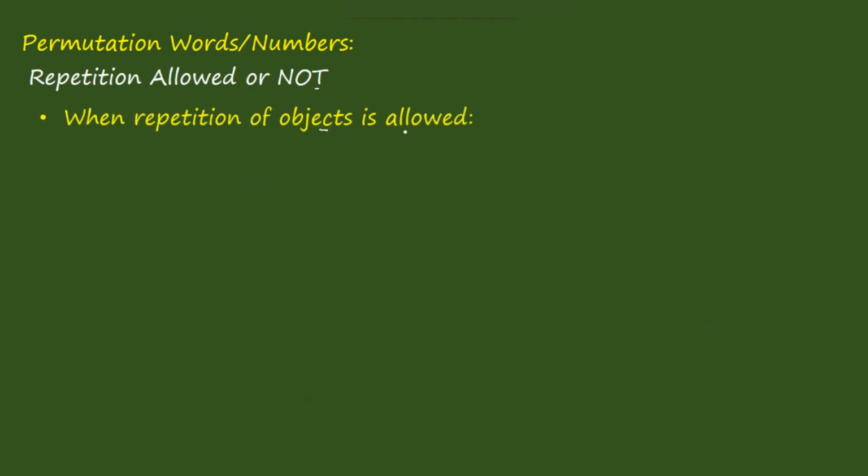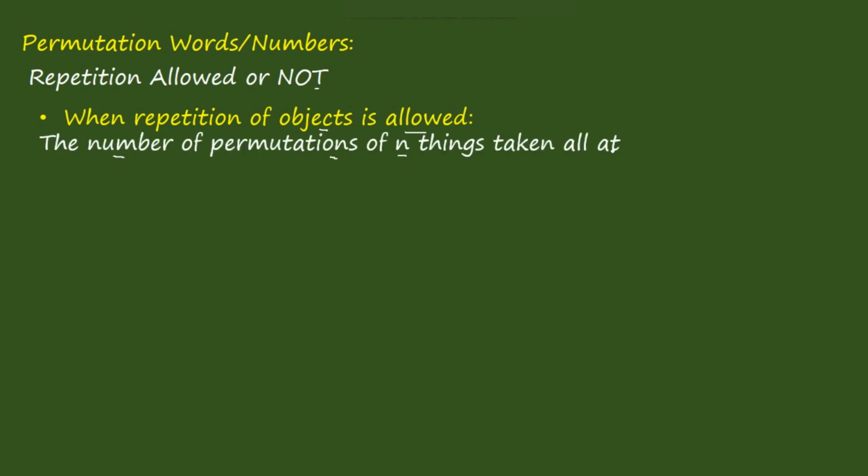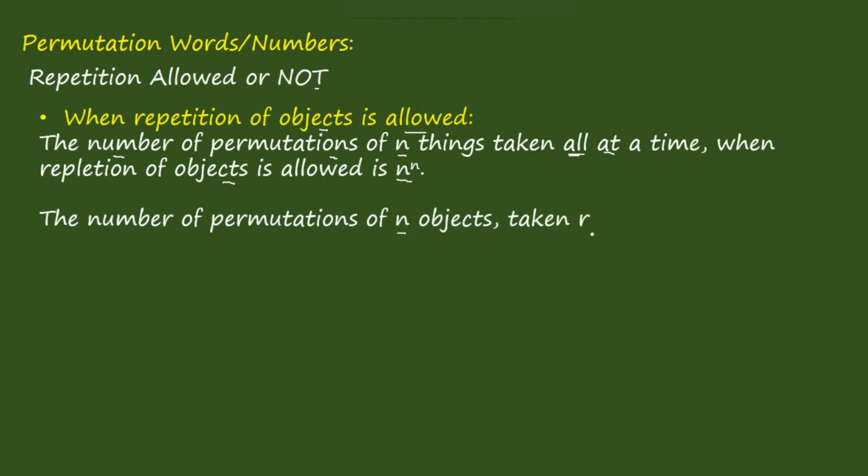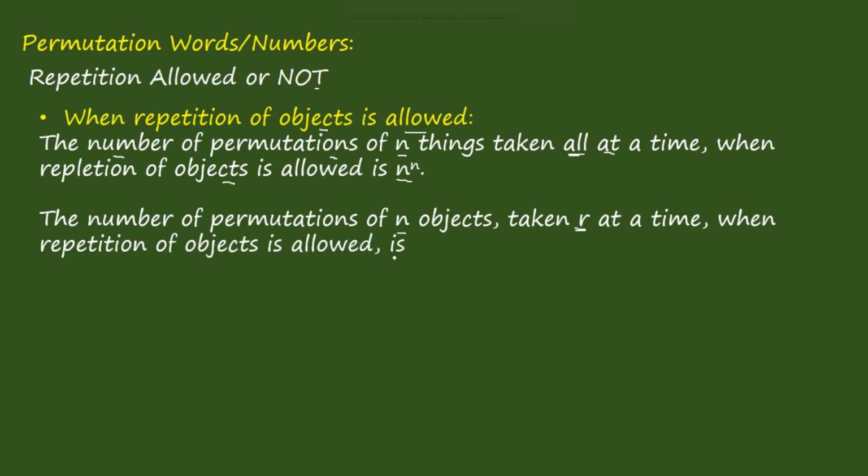The first one is when repetition of an object is allowed. Then the number of permutations of n things taken all at a time is given as n to the power n. In the case of n objects, taking only r at a time, when repetition of an object is allowed, it is given as n to the power r.